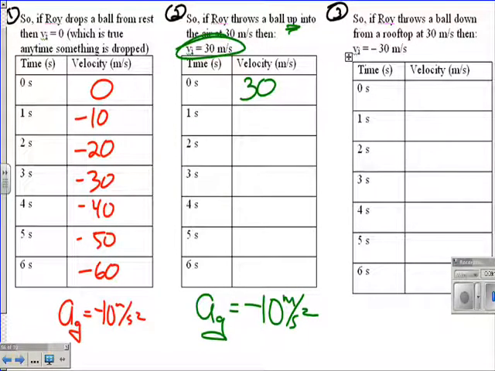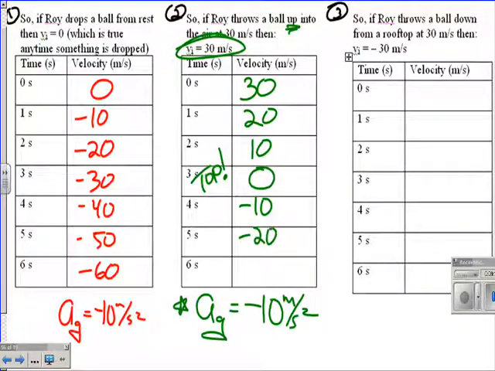After he lets go of it, gravity is going to pull it back down, so the velocity is going to decrease by 10 every second. Started at 30, we're going to go 20, 10, still going up, but it's going up slower and slower until it stops at the top of the path, and then it comes back down. This is just like the ball rolling up the ramp that we did in class the other day.